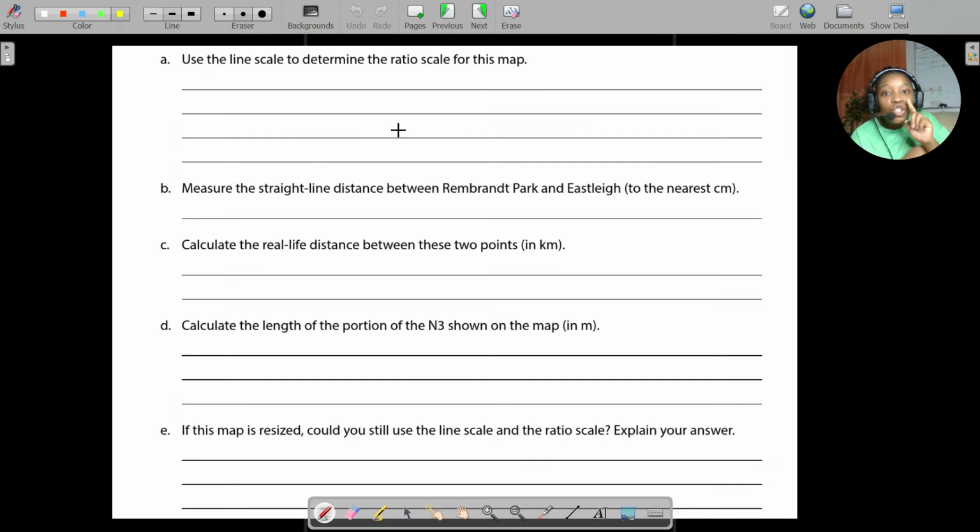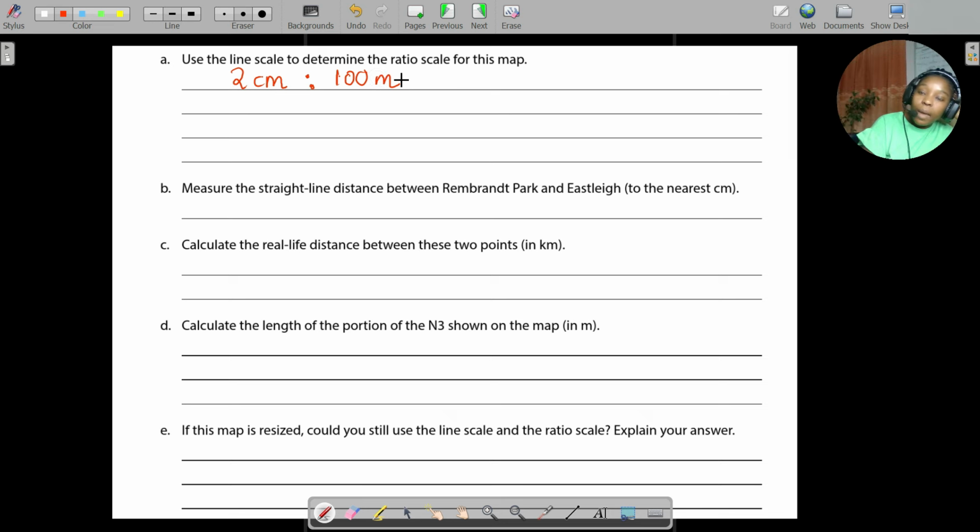Use the line scale to determine the ratio scale for the map. Remember, we found that 2 centimeters on the map is equal to 100 meters in real life. We can actually just write this as a ratio: 2 centimeters is to 100 meters. It just means the same thing.